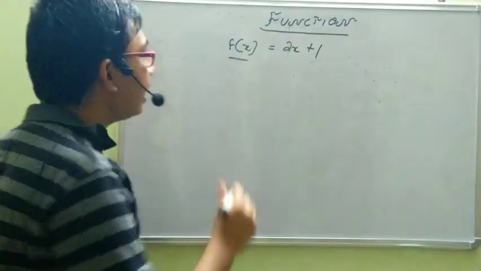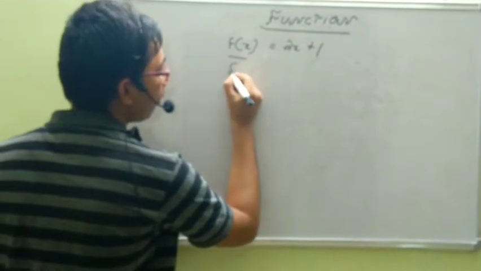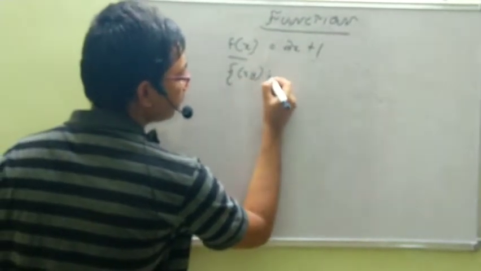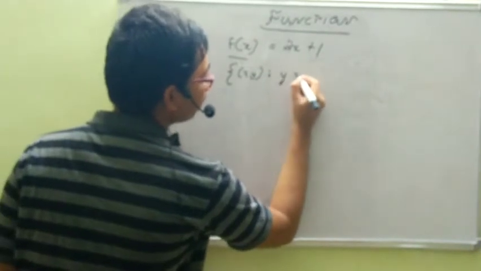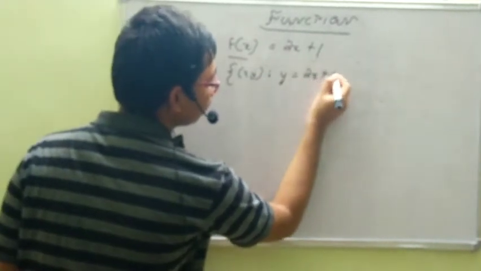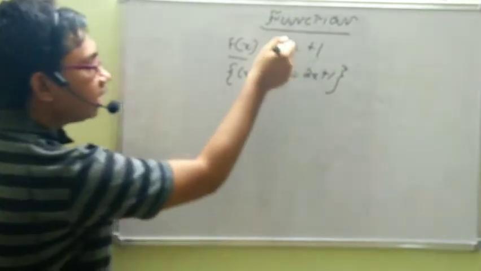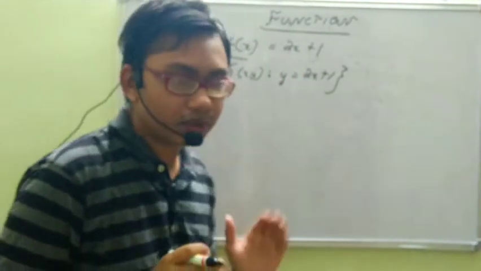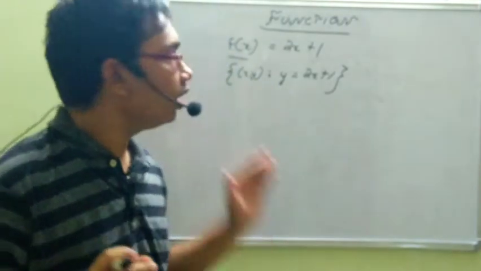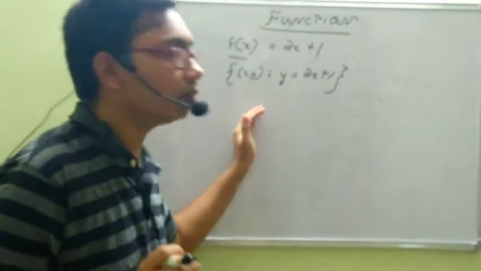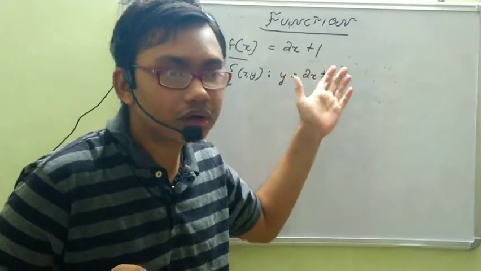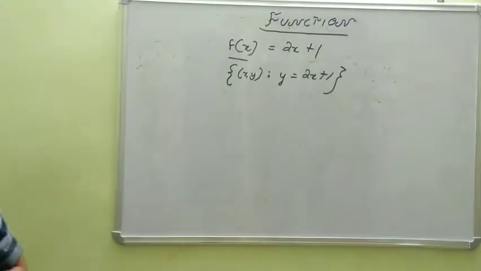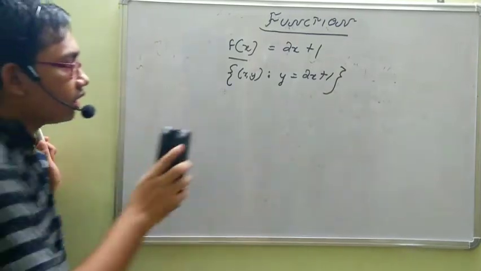See, let's say relation is the set of all x, y such that y is equal to 2x plus 1. See, this is the same as this function. So, any pair of numbers x and y will be related if y is the outcome given by this function to the input x. This is the relationship between a relation and a function.